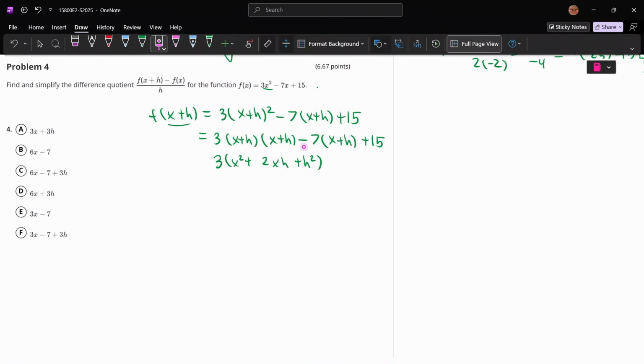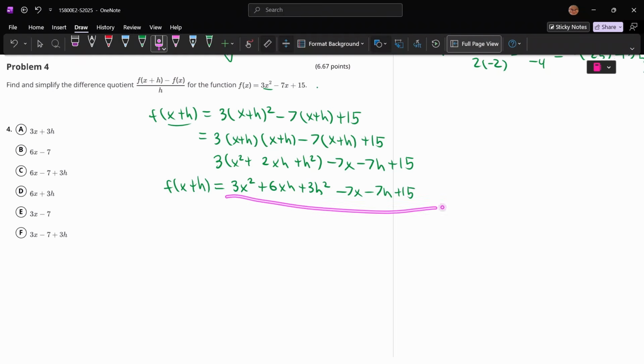Then we distribute the negative 7 into the x plus h term, so you end up with negative 7x minus 7h plus 15. We can also distribute the 3, and we ultimately end up with an expanded form where f of x plus h equals 3x squared plus 6xh plus 3h squared minus 7x minus 7h plus 15.